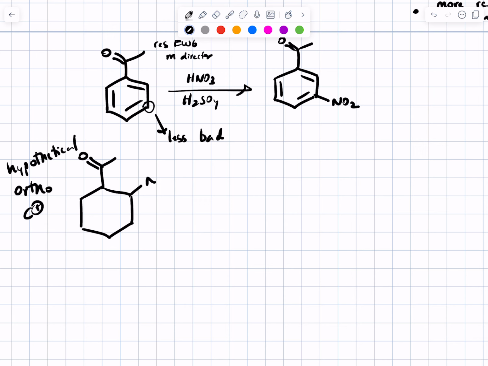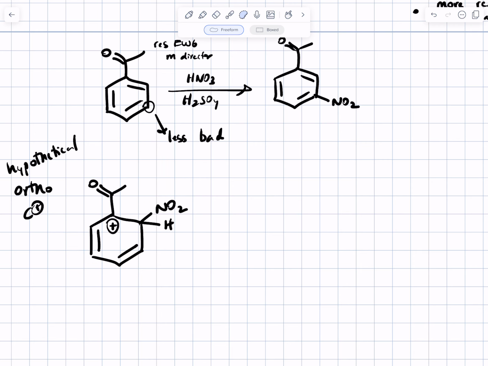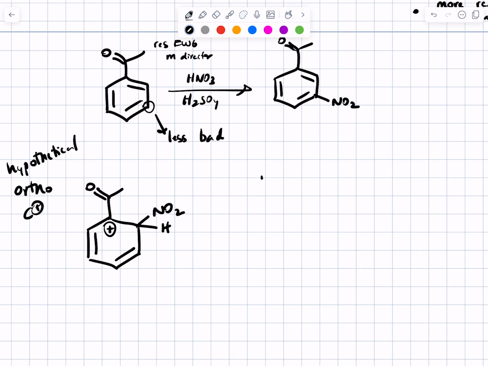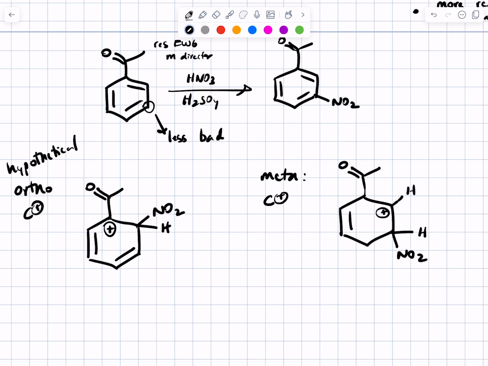So let's put the nitro ortho to the ketone. That puts the positive charge adjacent to the ketone. Let's now do the meta carbocation, where here is the ketone. The nitro group is now at the meta position. This is the carbon that has the positive charge.